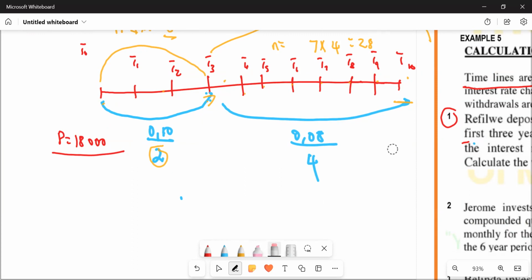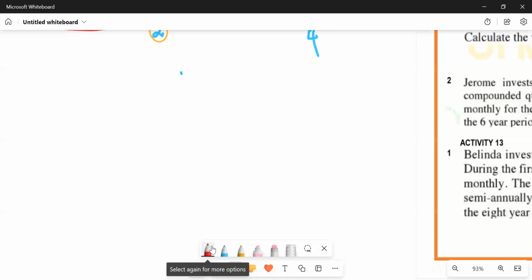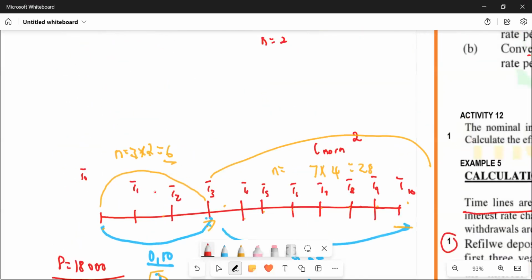So if we do it for the first 3 years, let's look at what is going to happen here. We are going to have something that looks like this. We have A, which is given by P, 1 plus i to the power of n. We're still fine, okay? Now, let's calculate the accumulated amount.